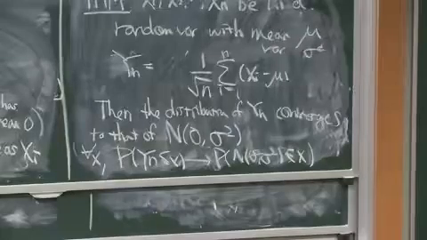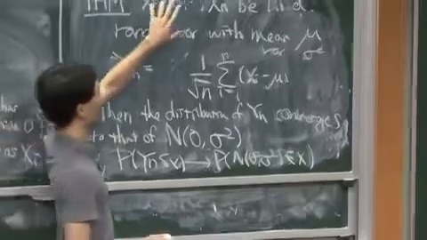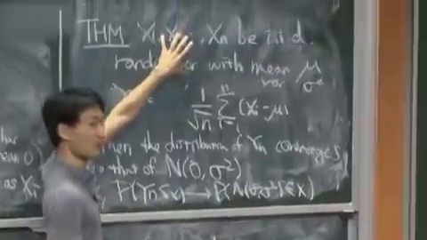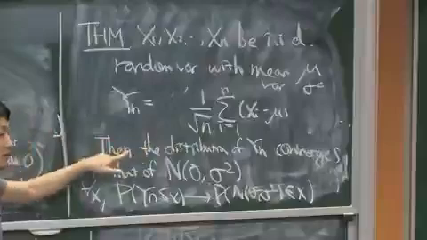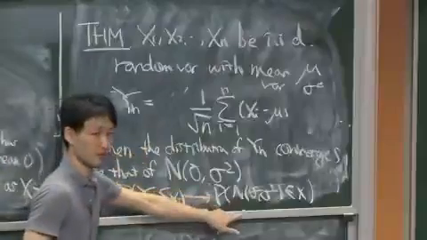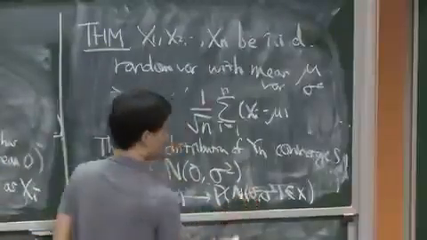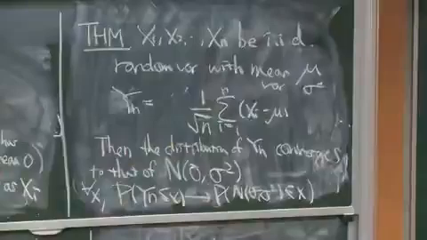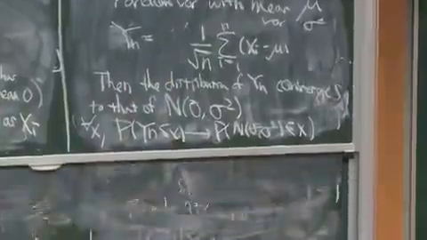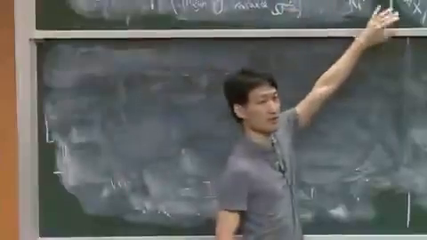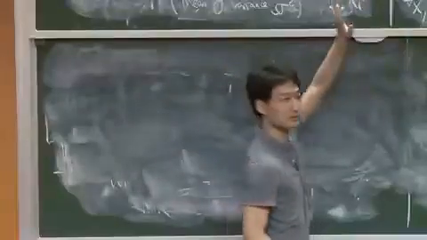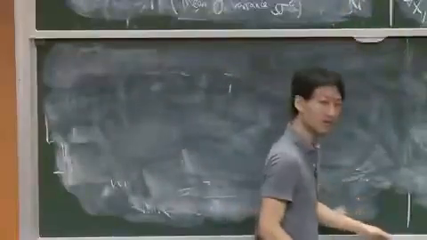What's really interesting here is no matter what distribution you had in the beginning, if you average it out in this sense, then you converge to the normal distribution. Any questions about the statement or any corrections? Any mistakes that I made?